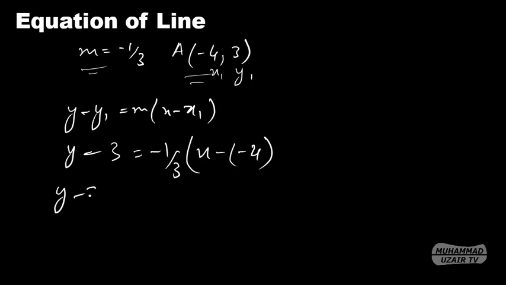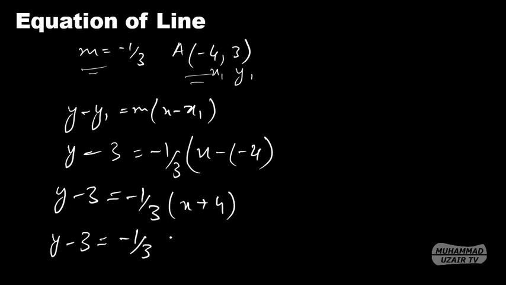So y minus 3 is equal to minus 1 over 3 times x plus 4. So y minus 3 is equal to minus 1 over 3 x minus 4 divided by 3.